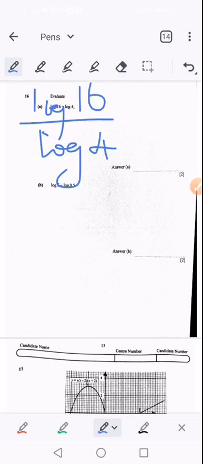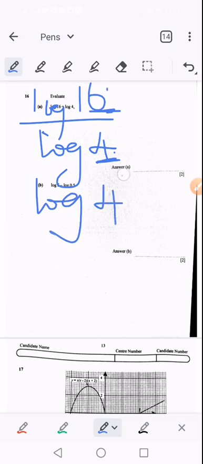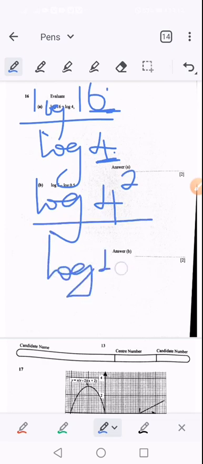Then you reduce my numbers. Anditi haugoni kuti 4 into 16. Unofanirwa kuti pana 4 apo unofana kuti wopaite 4 ndo kunonzi kufananidza mabase, okay? So unenge wakuti log of 4 to the power of 2, not 16, it's 4 to the power of 2, then all over log of 4 to the power of 1.